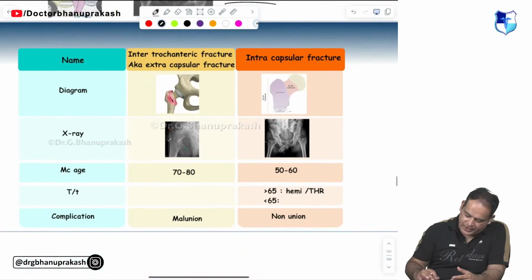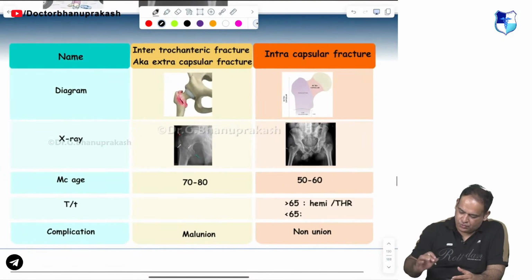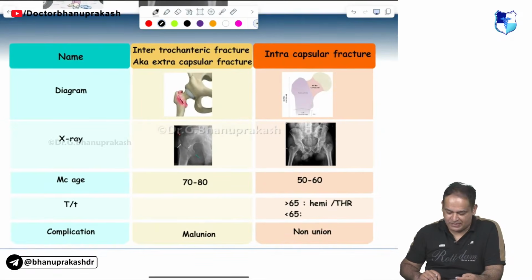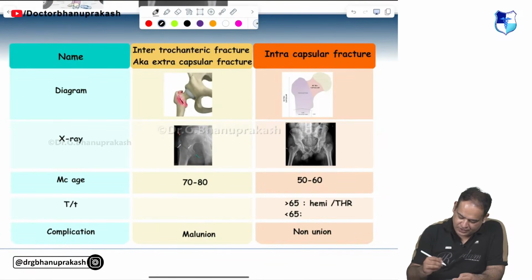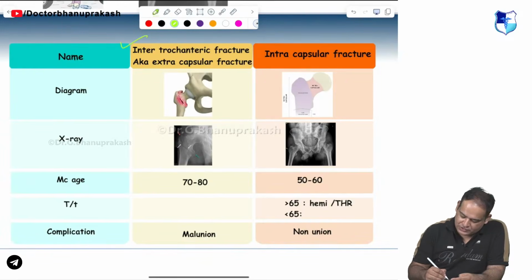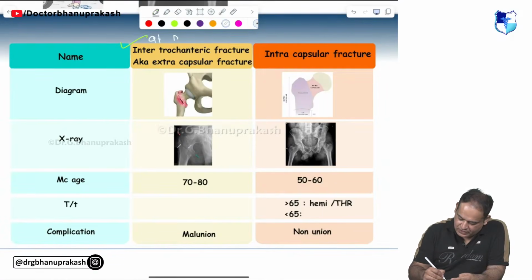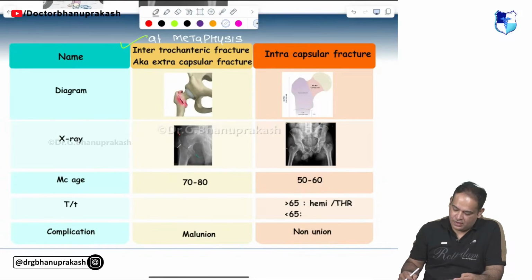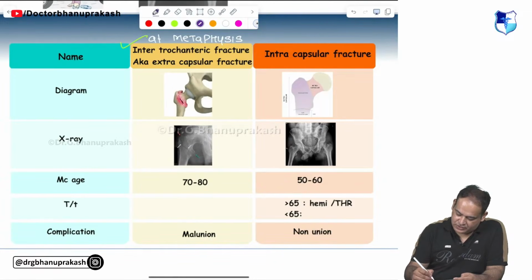Okay. Now here, these two fractures, comparison. Hip fracture, first is intertrochanteric fracture, also called extracapsular fracture. Now this fracture occurs at the metaphysis. Intracapsular fracture occurs at the neck of femur.